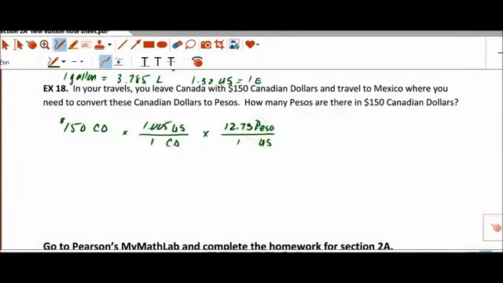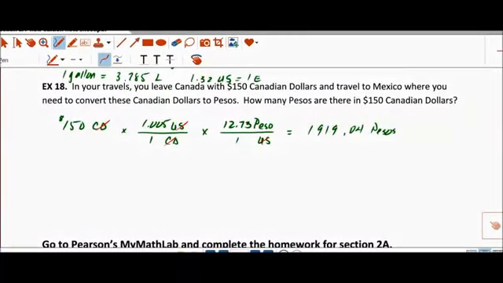So starting with Canadian, I know there's 1.005 US per 1 Canadian, allows me to cancel out Canadian. And I know that there's 12.73 pesos and 1 US that allows me to cancel the US, and I can come up with my answer in pesos.